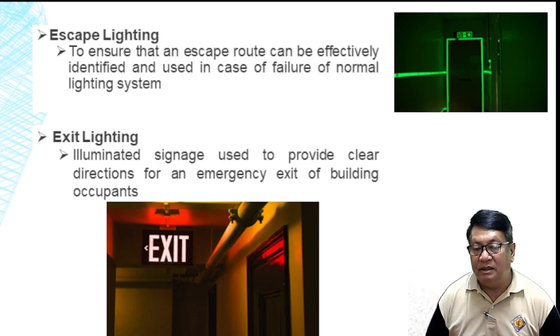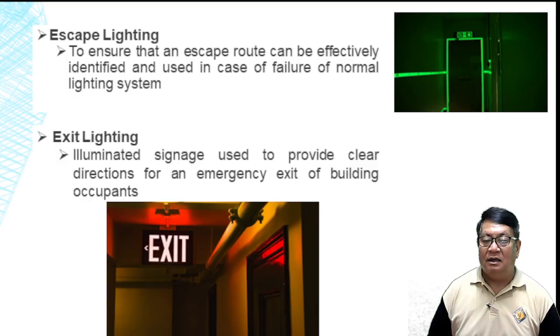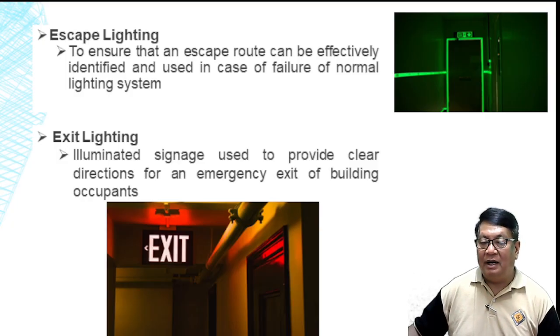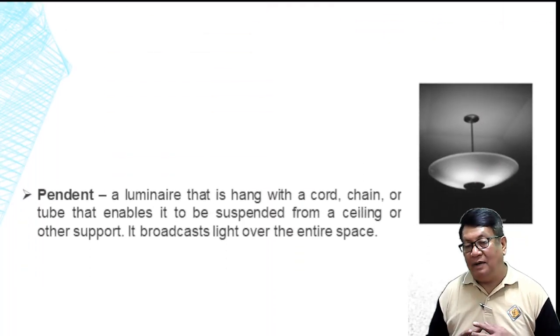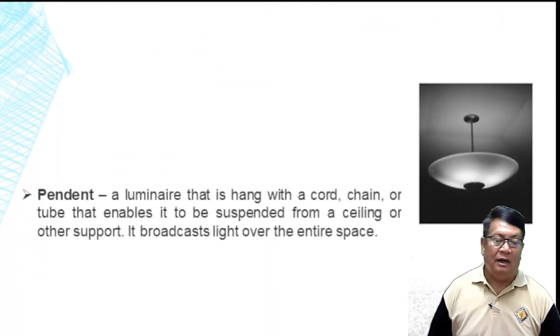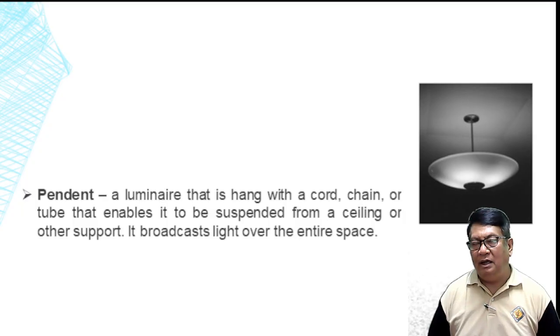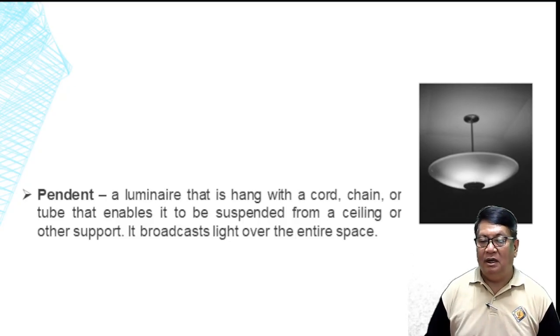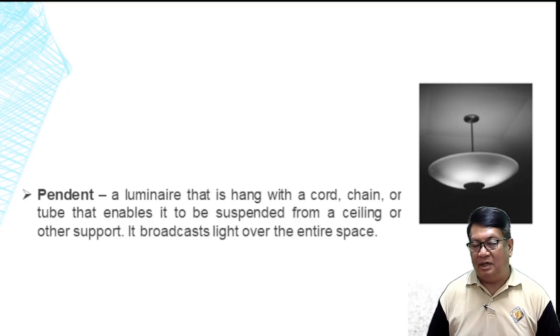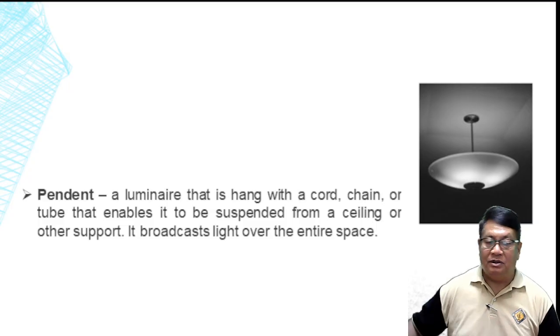Illuminated signage used to provide clear directions for an emergency exit of the building occupants. That kind of lighting system will be separated. The circuit will be separated from the normal lamps that we discussed in the previous slides.